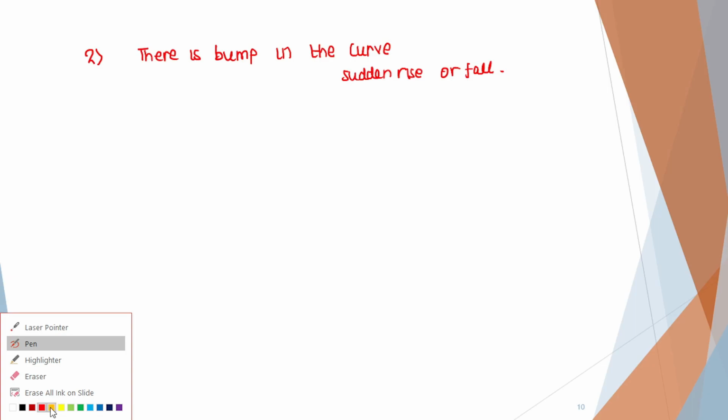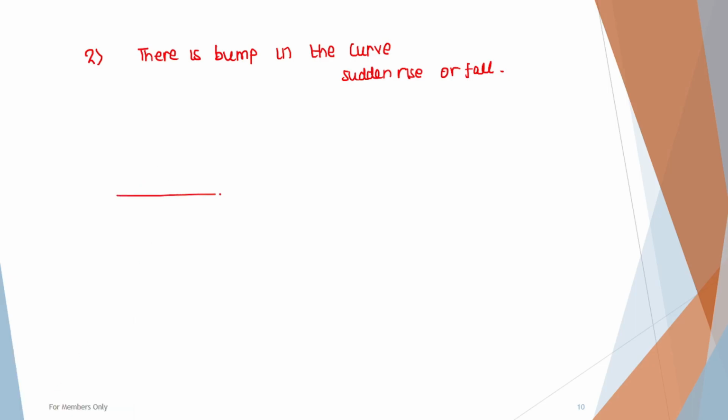The second condition is there is a bump in the curve. That means a sudden rise or fall. So let us suppose a particular function looks like this one.